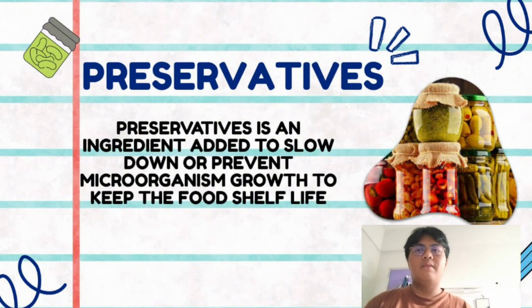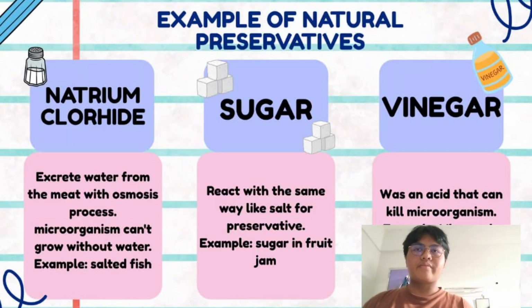First, preservative. A preservative is an ingredient added to slow down or prevent microorganisms from growing, to keep the food's shelf life. An example of a natural preservative used in food additives is natrium chloride, or as we also know it, salt, sugar, and vinegar.